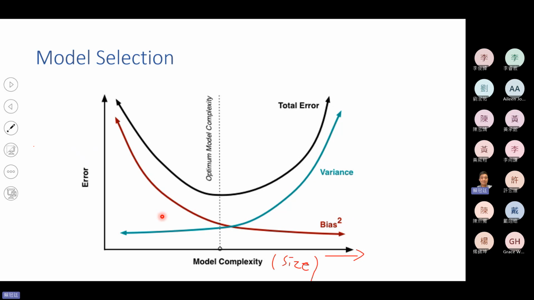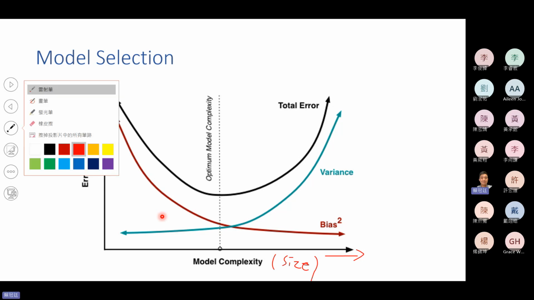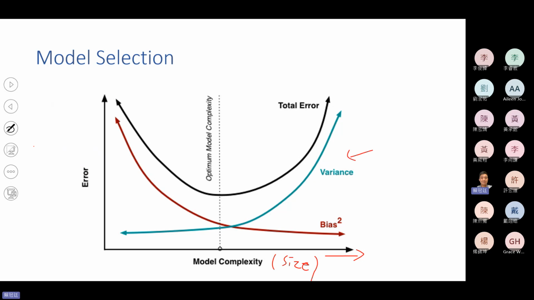So when you design your model, you are trying to find the optimal complexity. However, today's models are usually very large, right? So how can you reduce the variance? You can add regularization to reduce the variance, right?